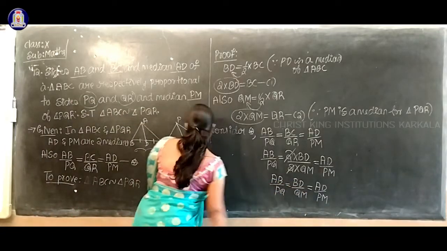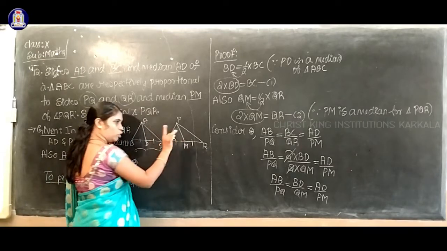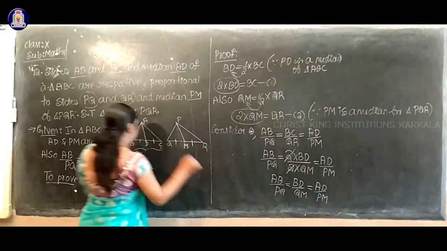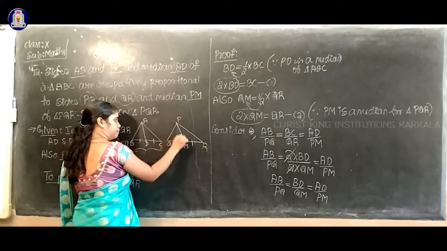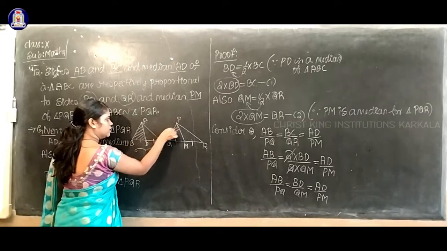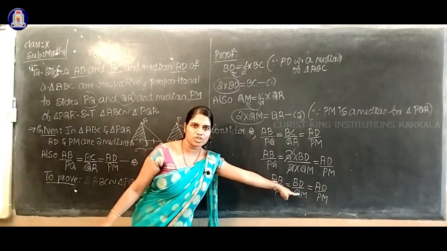BD by QM, second ratio. AD by PM. So therefore, can you observe here, the sides of these two triangles are proportional.